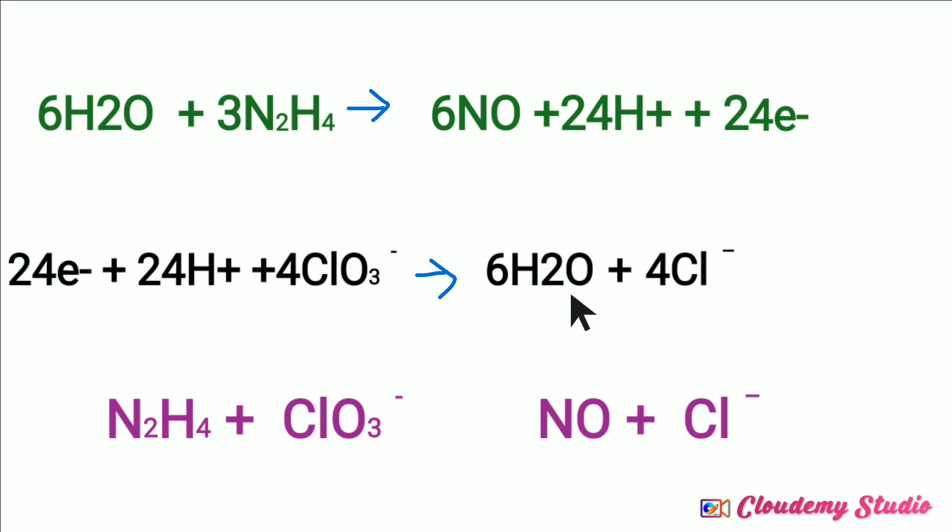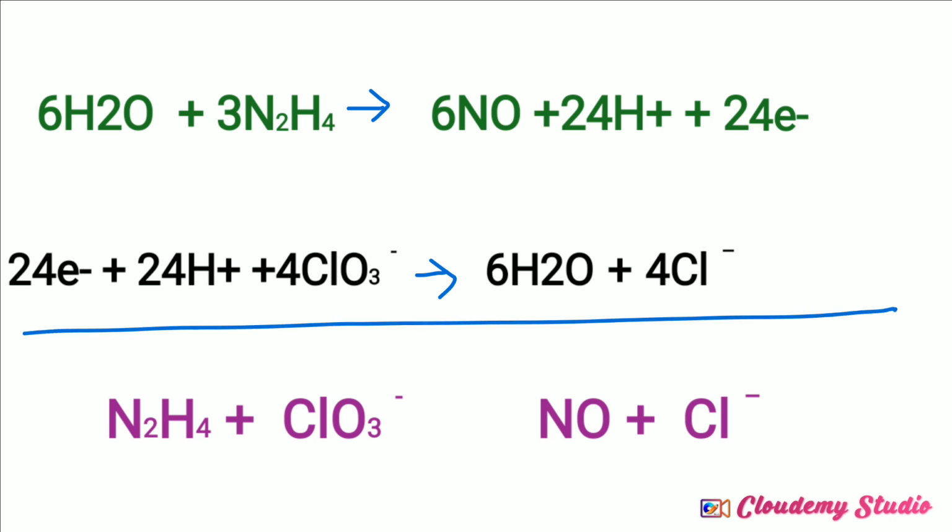So now we can add both the equations together. On adding, the same substance on opposite sides we need to cancel. That cancellation is done by subtracting the number of molecules or species. Here 24 electrons are present on the right hand side, and 24 electrons are present on the left hand side, so these are cancelled.